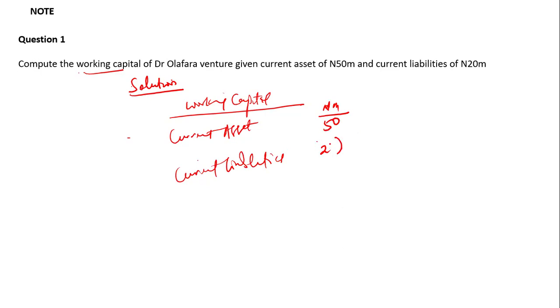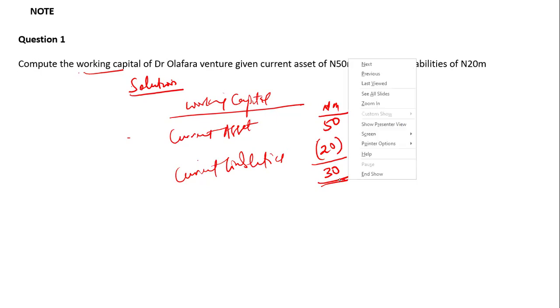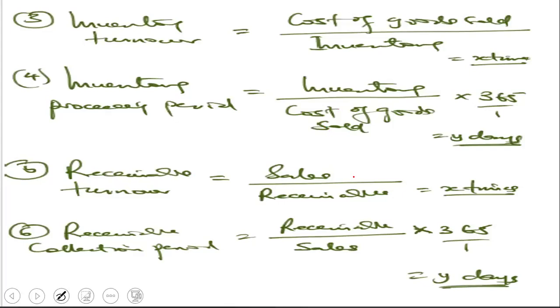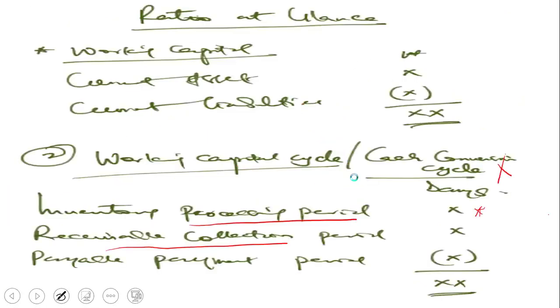So what is the difference between current asset and current liability? That is 20 million. So without thinking much, you can see that what we are having here is very simple. Simple.